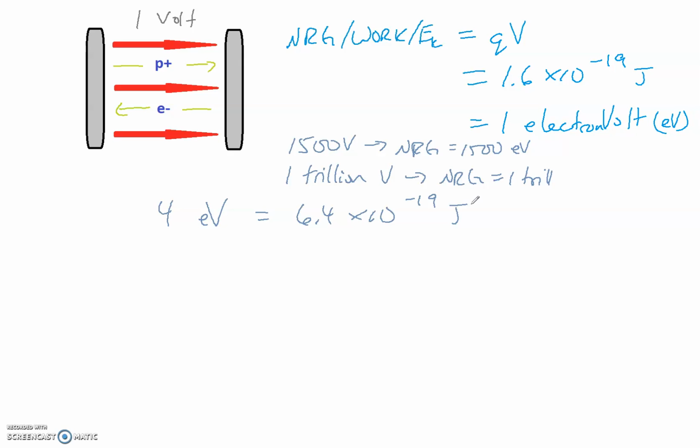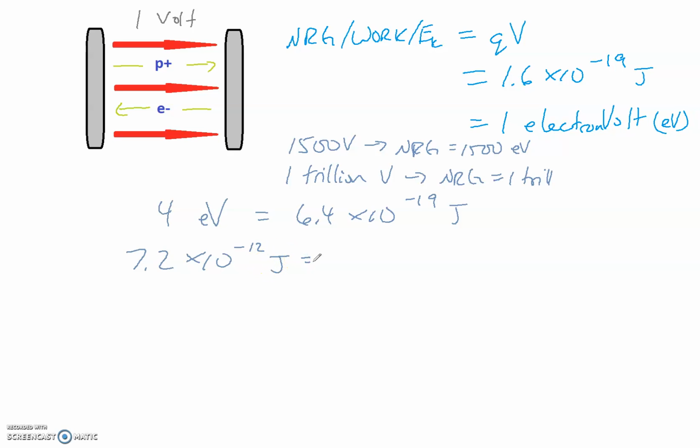And the exact same thing can be done going back and forth. Suppose you've got 7.2 times 10 to the negative 12 joules, and you want that in electron volts.